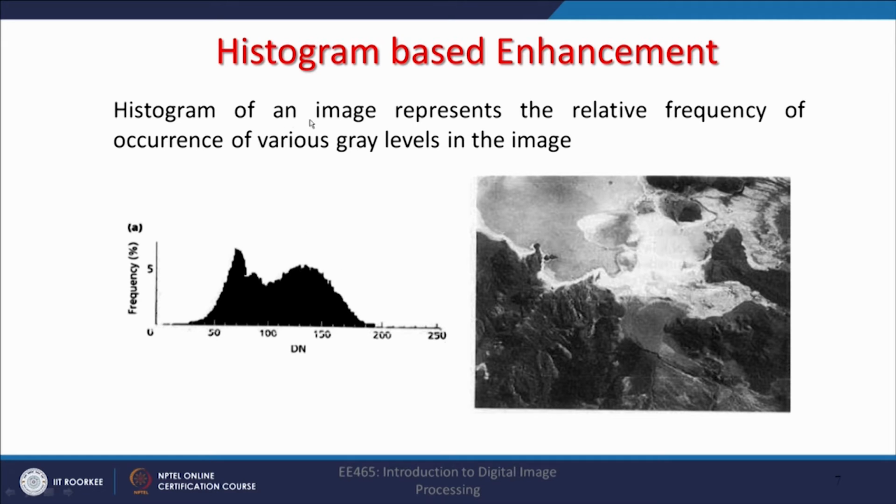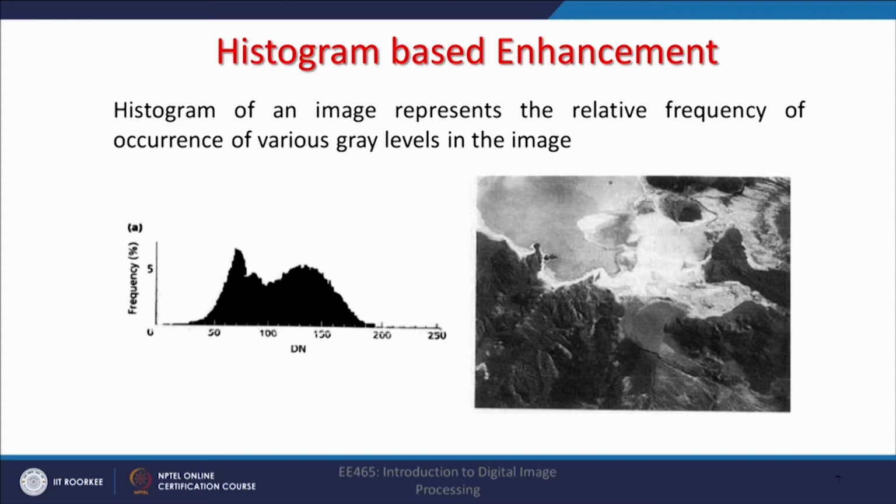The histogram of an image represents the relative frequency of occurrence of various gray levels in the image. Gray levels, sometimes we also call them digital number, pixel value, and so on. We call them gray levels when we have a single band presented in gray scale.